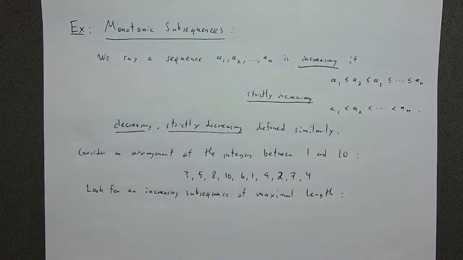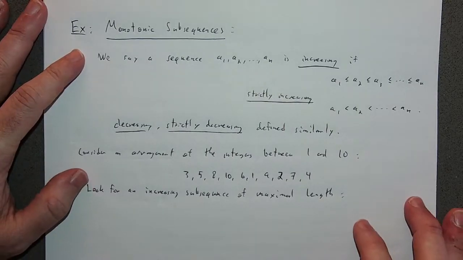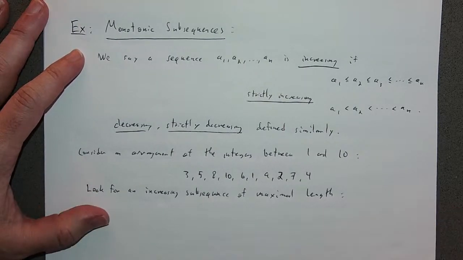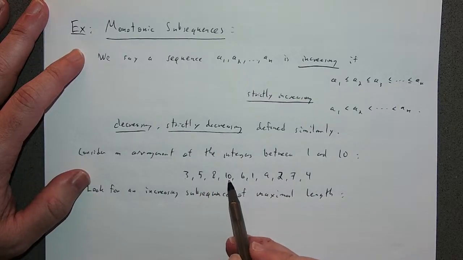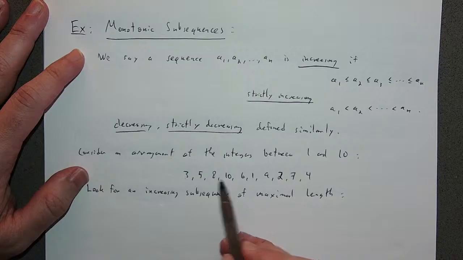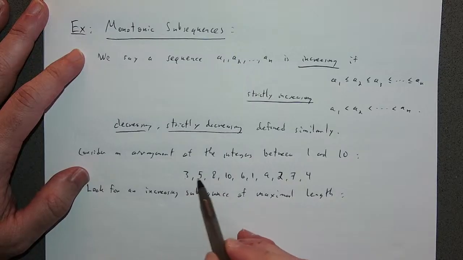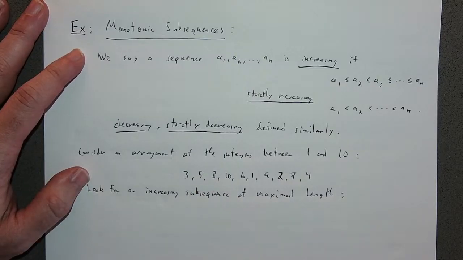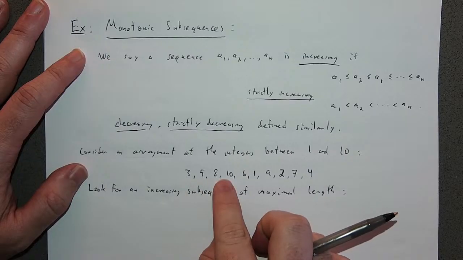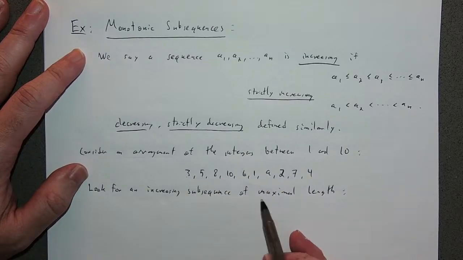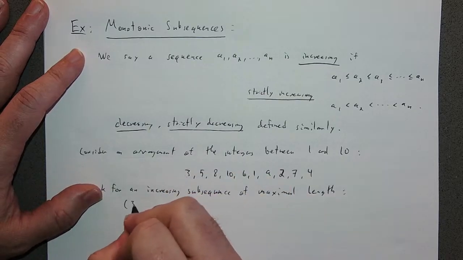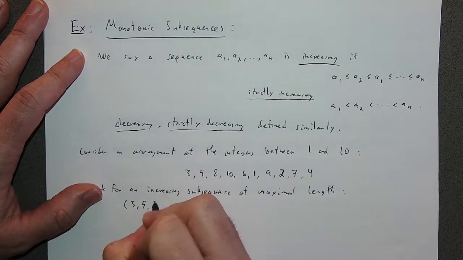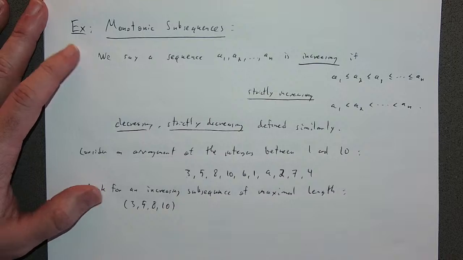So let's see here. There's 3, 5, 8, 10. That's an increasing subsequence, even a strictly increasing one. I don't know if it's maximal yet, but it has length 4.